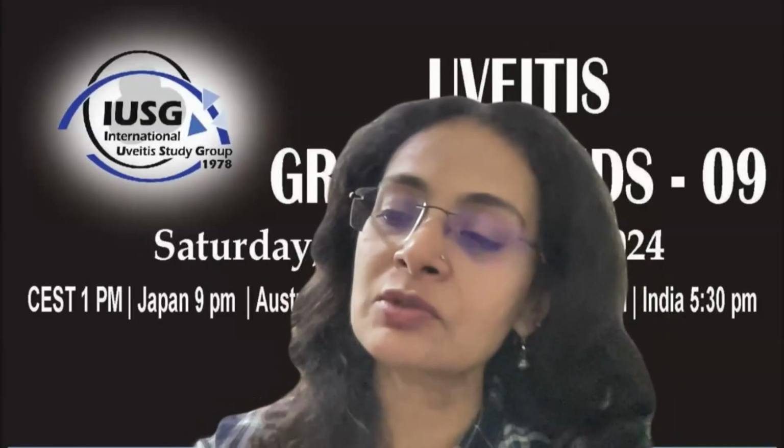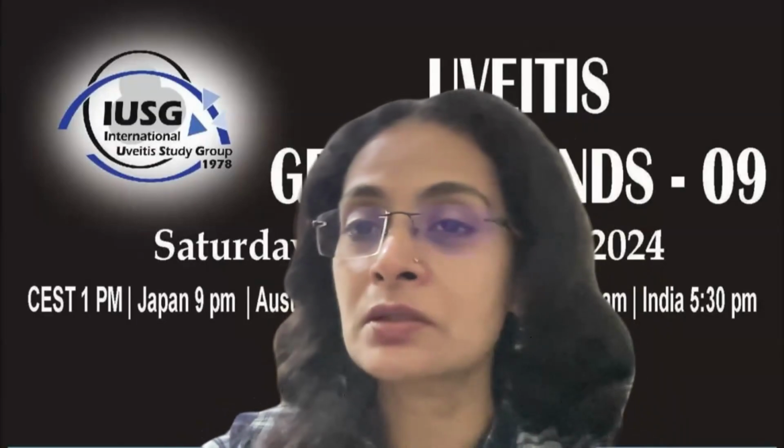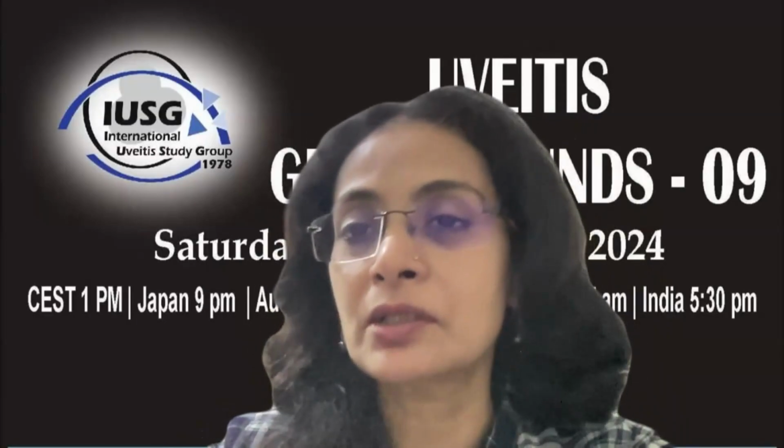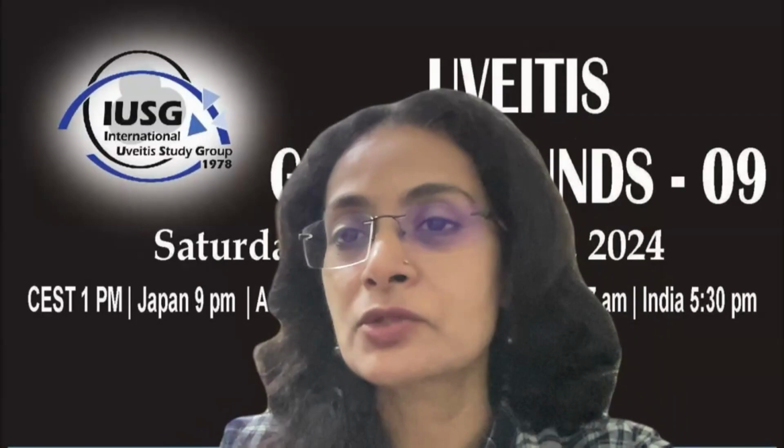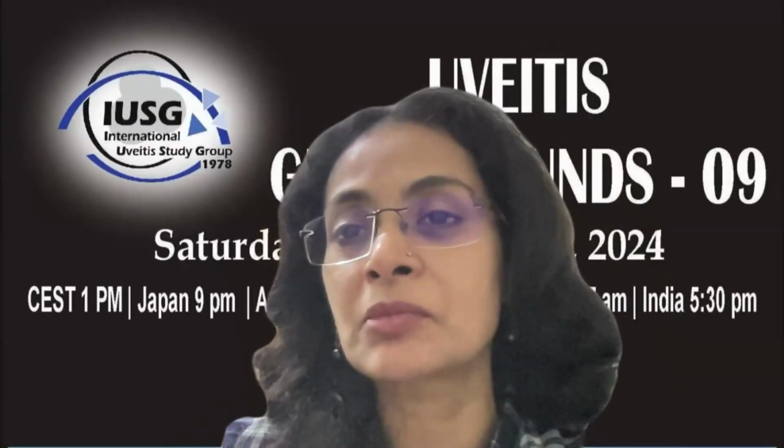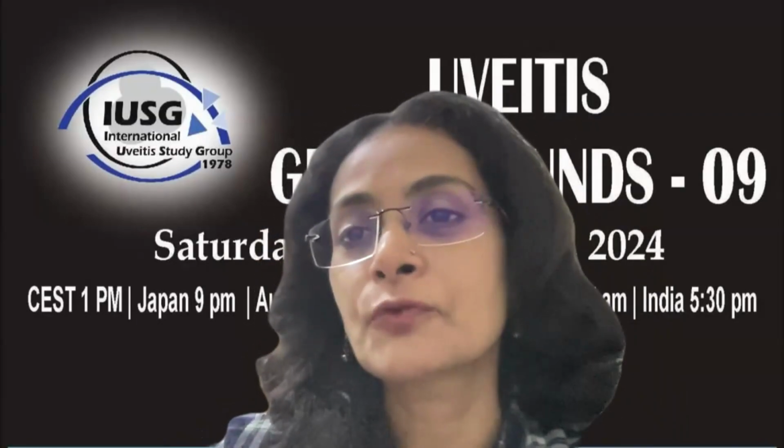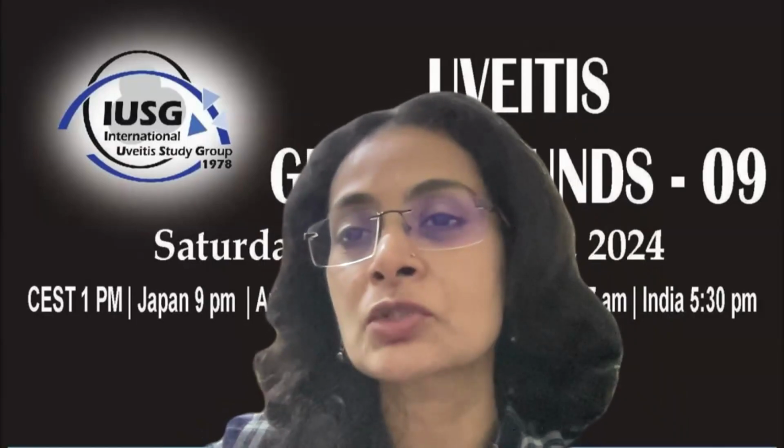So one take-home message from your cases is that sometimes the keratic precipitates in viral anterior uveitis may be diffuse, they may be large, and they are often pigmented. So we may not be able to see the posterior segment as sharply for a perivascular sheathing, which is subtle.